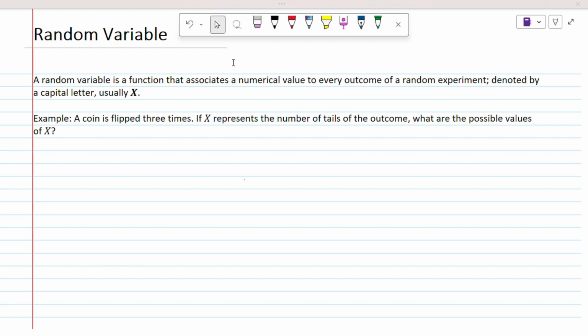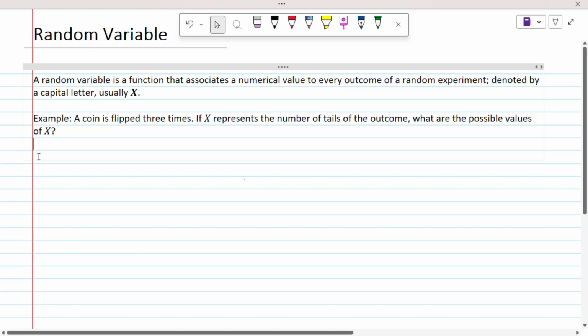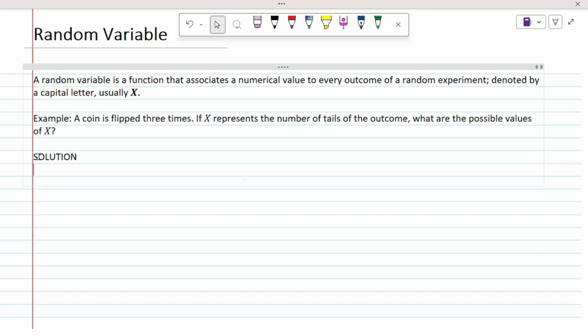Example: a coin is flipped 3 times. If X represents the number of tails of the outcome, what are the possible values of X? So here, we write our solution. Again, the question here is to identify the possible values of X, where X represents the number of tails of the outcome.